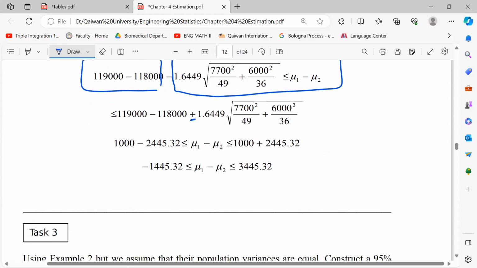And we get the interval, which is minus 1,445.32 and 3,445.32. This is our interval. It means the difference of their means is in that interval. Any question?